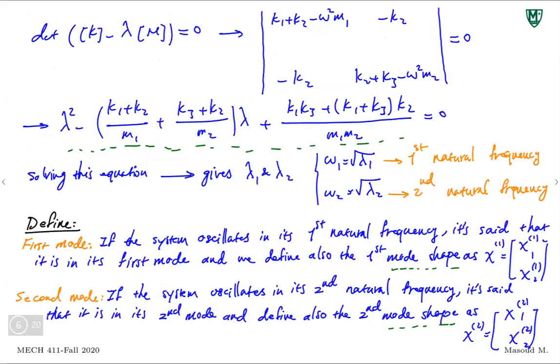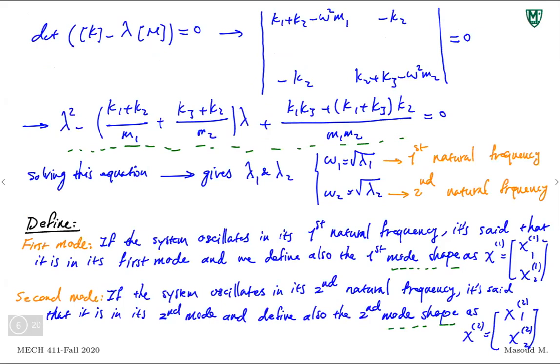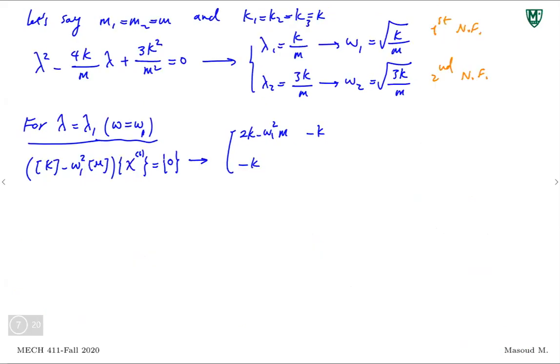The off-diagonal element is minus k2, which becomes minus k. And for the other diagonal element, k2 and k3 are the same, so 2k minus omega 1 squared M. Same thing. Then here we have x11, x12, two components of this vector, equal to 0, 0.